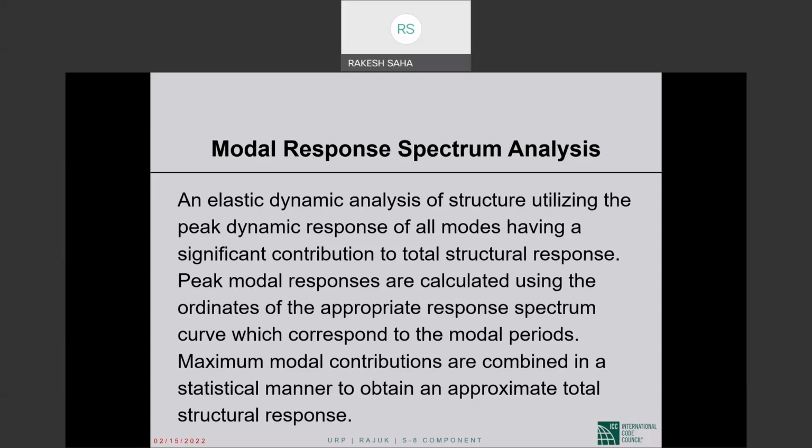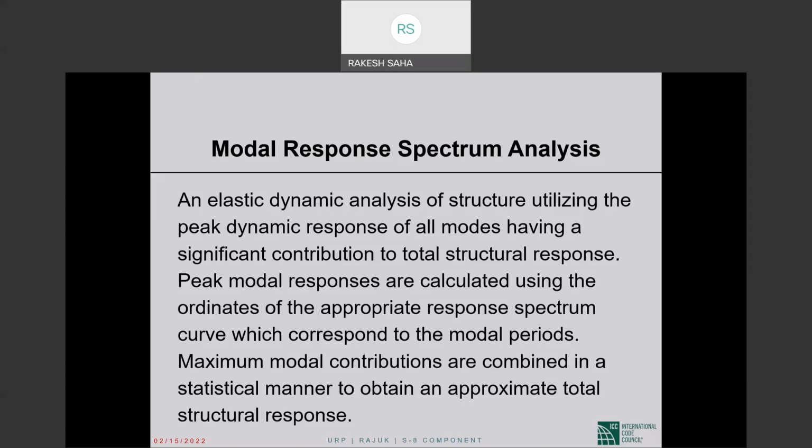So a 100-story building has 100 modes, but all 100 modes do not contribute significantly to structural response. It will be only the first few modes, maybe the first 10. Those are the ones we consider. How many to consider is specified, and we will come to that.